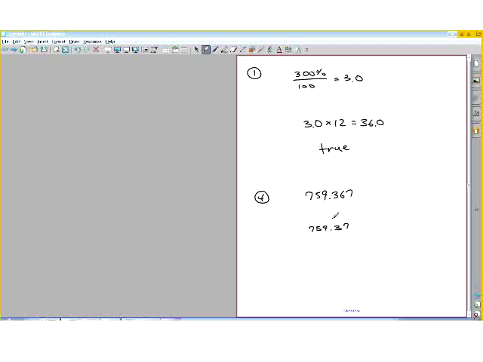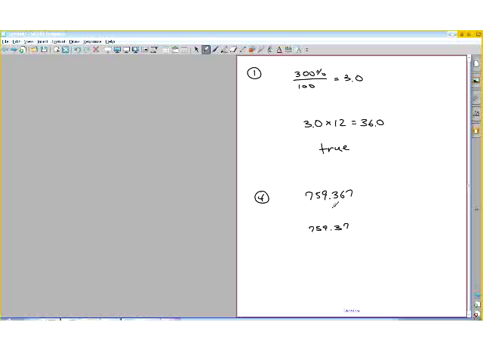Just looking at this, they said false, and I would say true. So what the heck is the difference here? Let me see if I can find anything about rounding. Locate the place to which the number is being rounded.